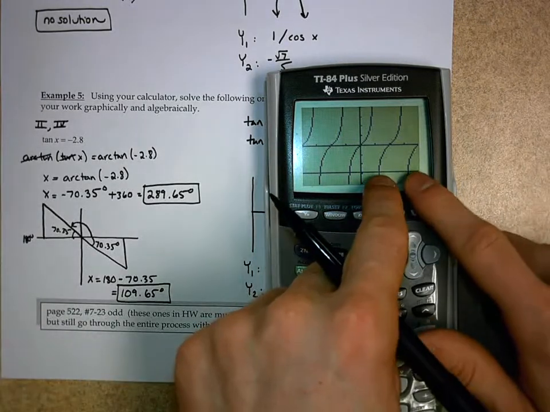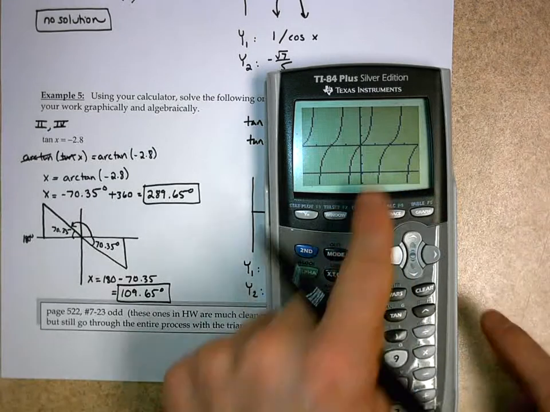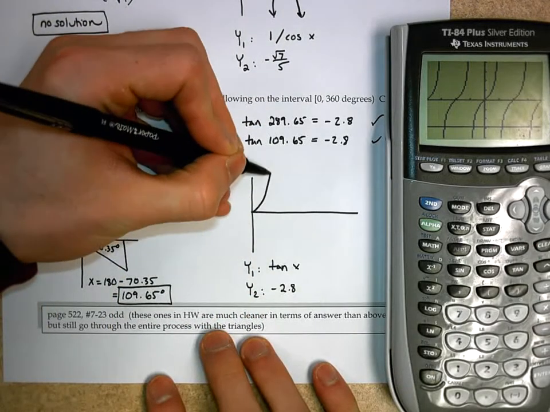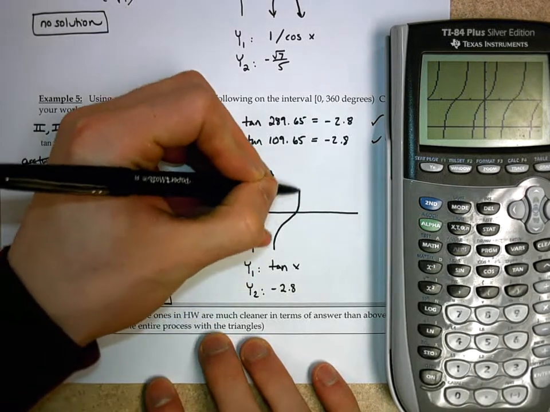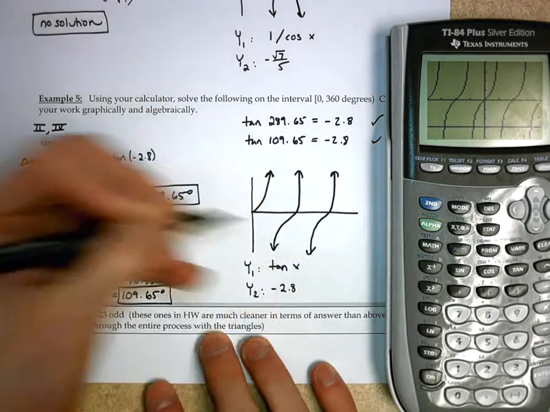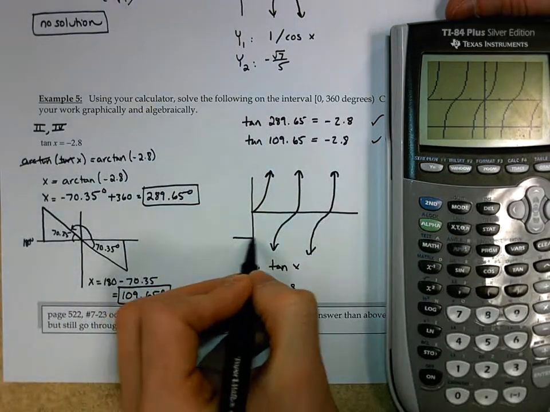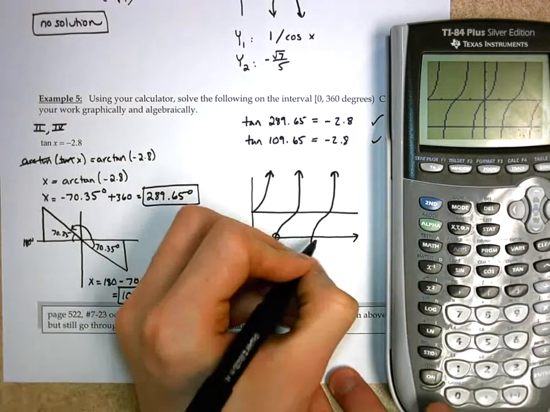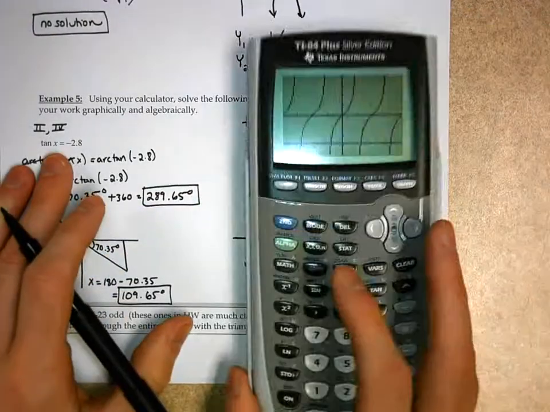And I only want the stuff between 0 and 360 degrees, which is going to be on this side. So let me just draw that quick sketch right here. We've got our asymptotes in between there. So same thing as we've seen before with tangent. And we've got the line that goes through there. And my points are right there, those points of intersection.